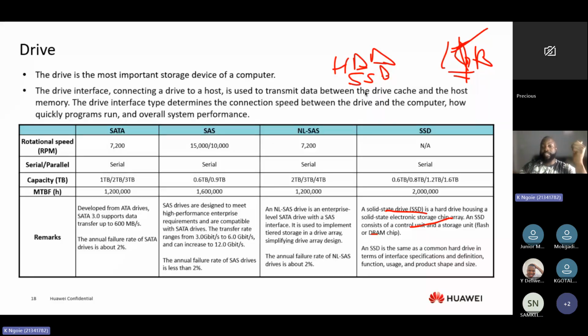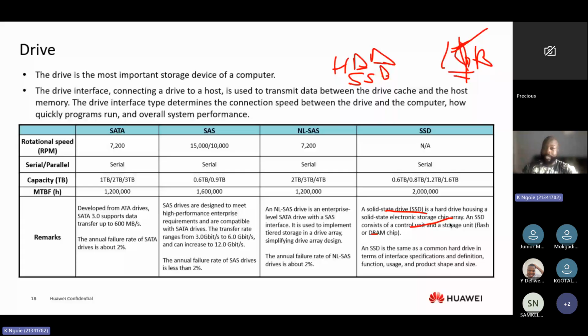The SSD is basically what you have, for example, when you have your USB. A USB can be considered as an SSD. So information will move faster. An SSD is a solid state drive, and it can be either an external hard drive or an internal hard drive built as an SSD.